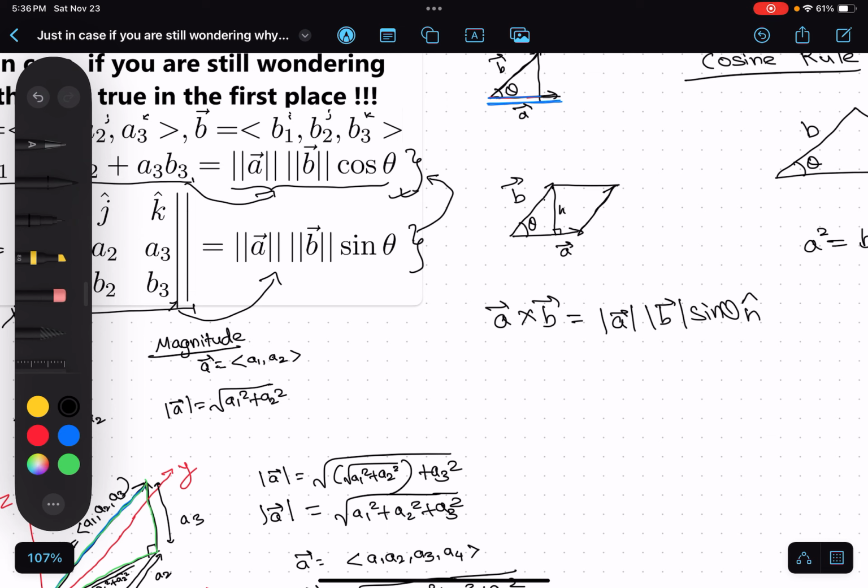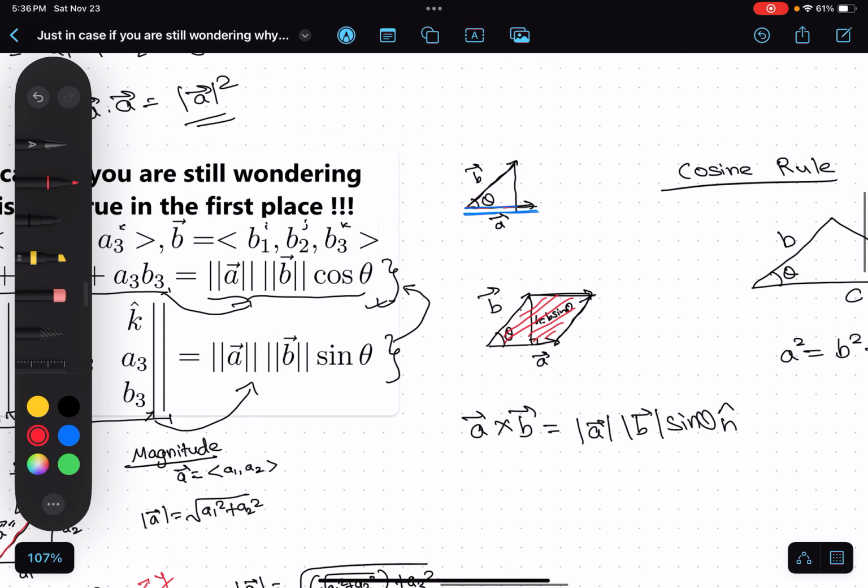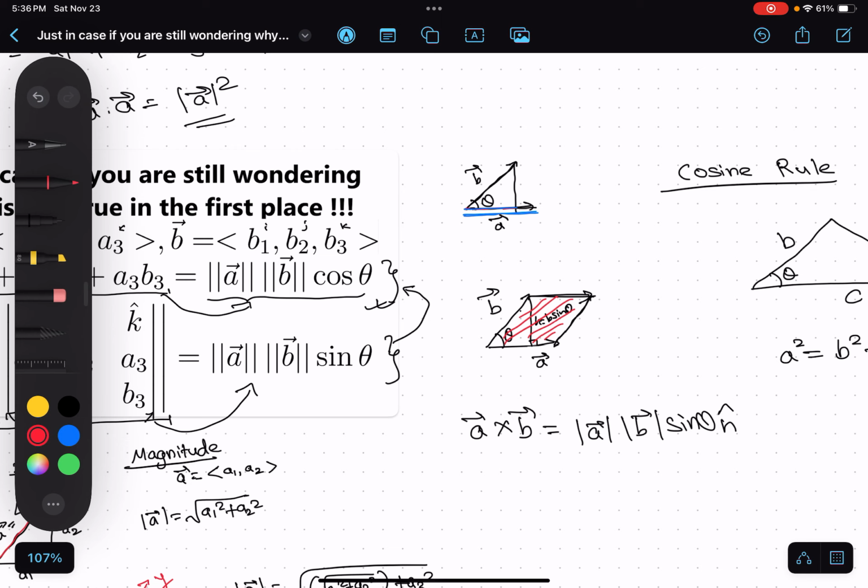So ab sine theta just gives the area of the parallelogram. So the magnitude of the cross product is interpreted as the area of the parallelogram, and ab cos theta is interpreted as a vector times the projection of another.